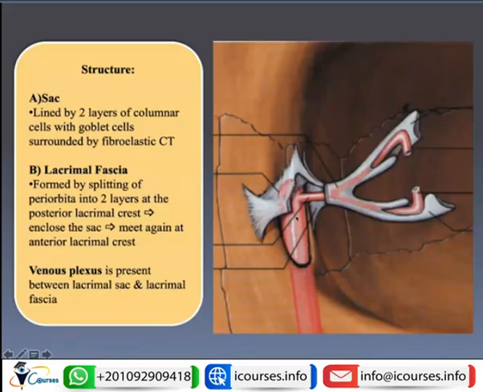We said that the lacrimal fascia encloses the lacrimal sac, and this fascia is formed by splitting of the periorbita, the orbital fascia, into two layers that are attached at the posterior lacrimal crest, enclose the sac, and meet again at the anterior lacrimal crest.